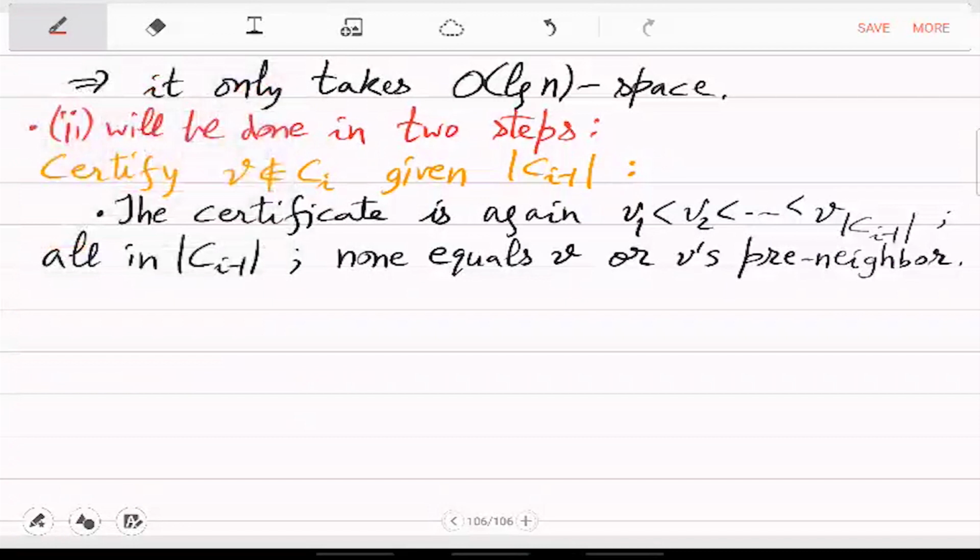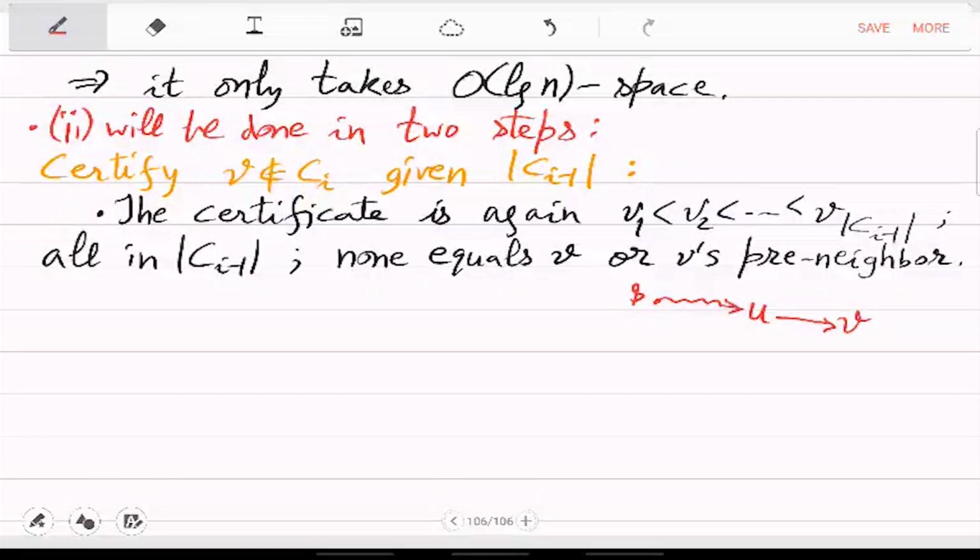Essentially here you have V and here you have a pre-neighbor of V, let's say U, and here you have S. These Ci minus 1 vertices are at distance i minus 1 from S, and you want to certify that V is at distance more than i.